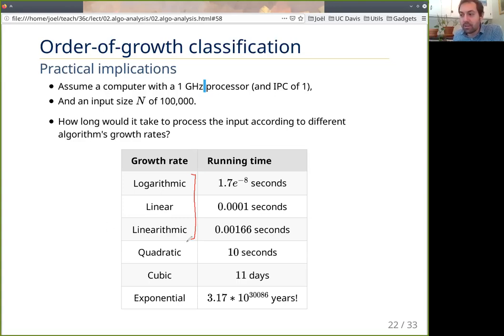If your algorithm is quadratic, so meaning you have two for loops nested into one another to process all of those items, that's now already going to take 10 seconds. If you have three for loops that are nested into one another, it's going to take 11 days.